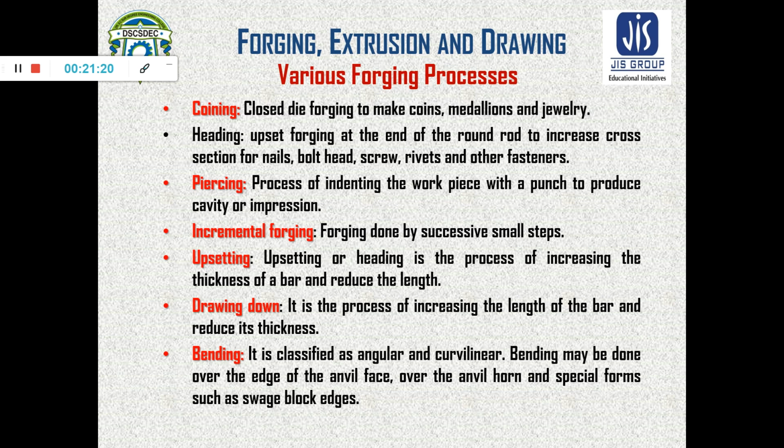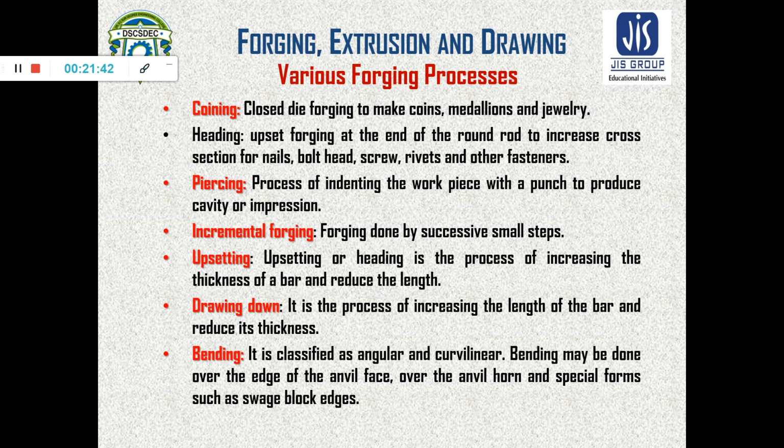Now we will see some specific operations of forging. First one is coining. The closed die forging that is used to make coins, medallions and jewelry is known as coining. Heading is upset forging at the end of a round rod.